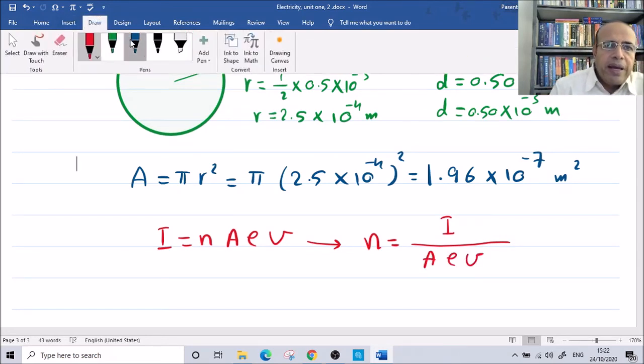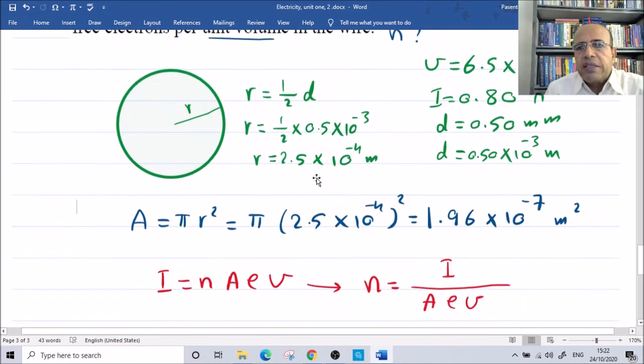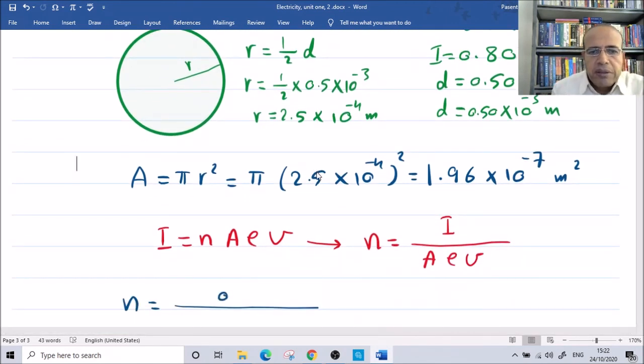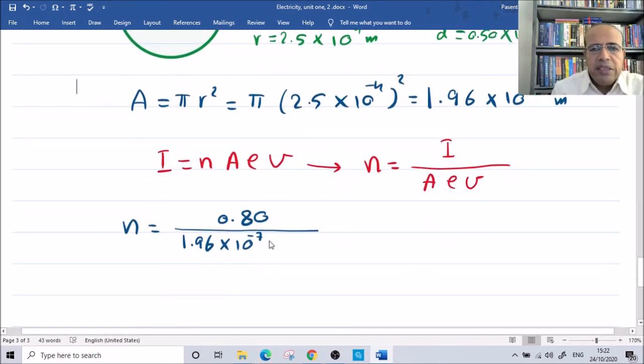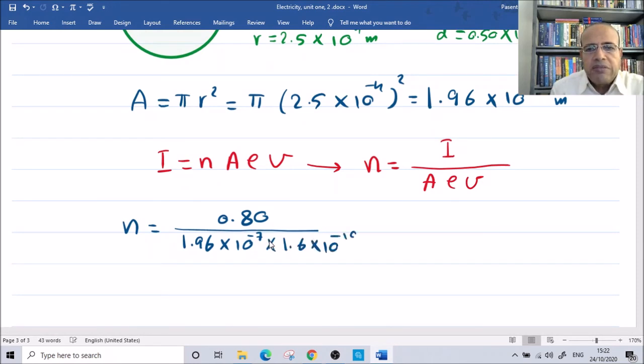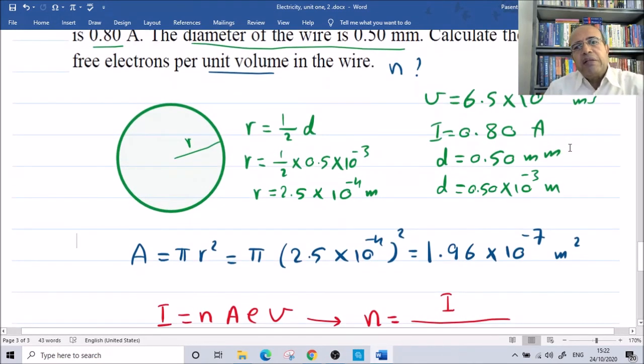So n equals I, the current, which is given as 0.80 ampere, over the cross-section area, 1.96 times 10 to the power negative 7, multiplied by e, the charge of the electron, 1.6 times 10 to the power negative 19, multiplied by the drift velocity, 6.5 times 10 to the power negative 4.